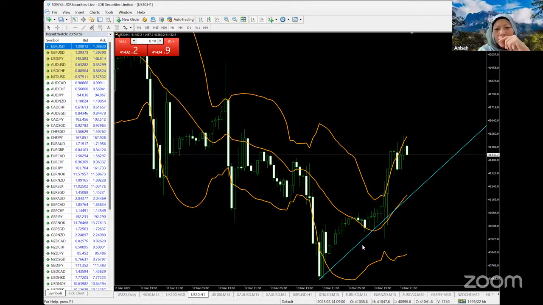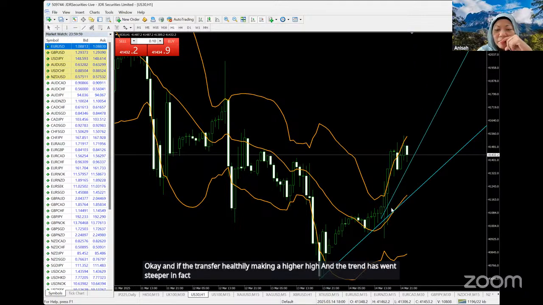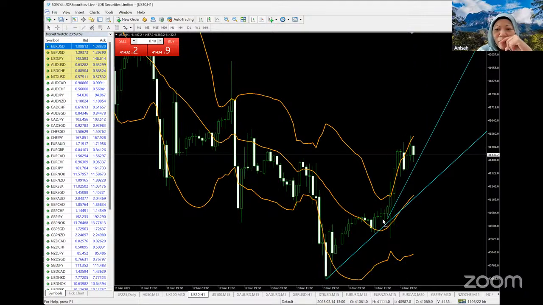The trend structure is healthily making higher highs, and the trend has gone steeper, meaning the momentum has picked up.